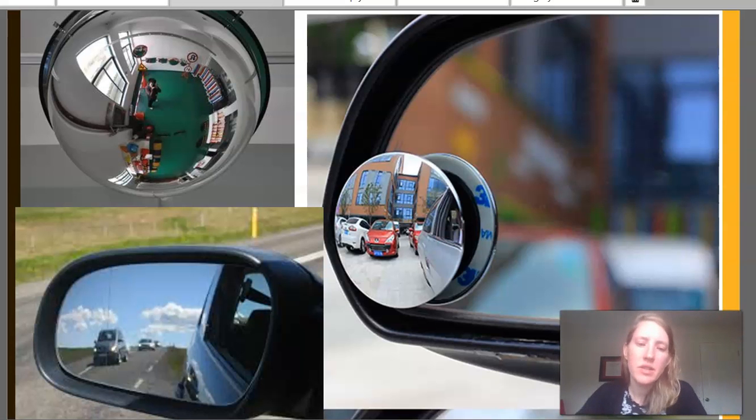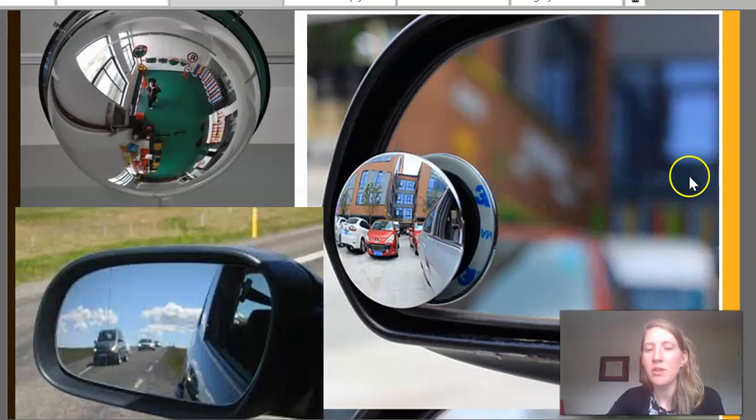And so these are examples of convex mirrors. We're all familiar with them. They are located on the outside of your car, the side view mirrors. They are used for security purposes in places. I think this is an example of someone having one in a classroom so that the teacher can look up and see what's going on behind her, or behind him.